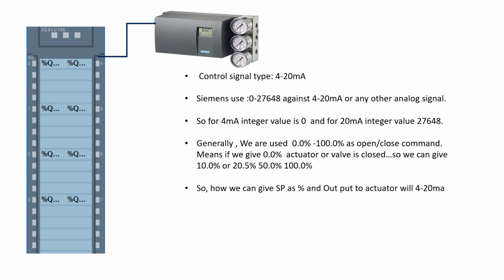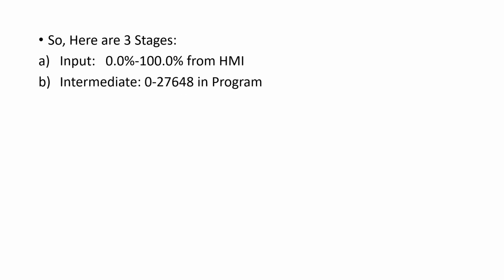Our set point is a percentage, and this is done in 3 steps: we give the set point from the HMI as 0 to 100%, an intermediate stage converts that to an integer, and that integer value is sent to the analog output channel, which gives the analog output control signal 4 to 20 milliamps.